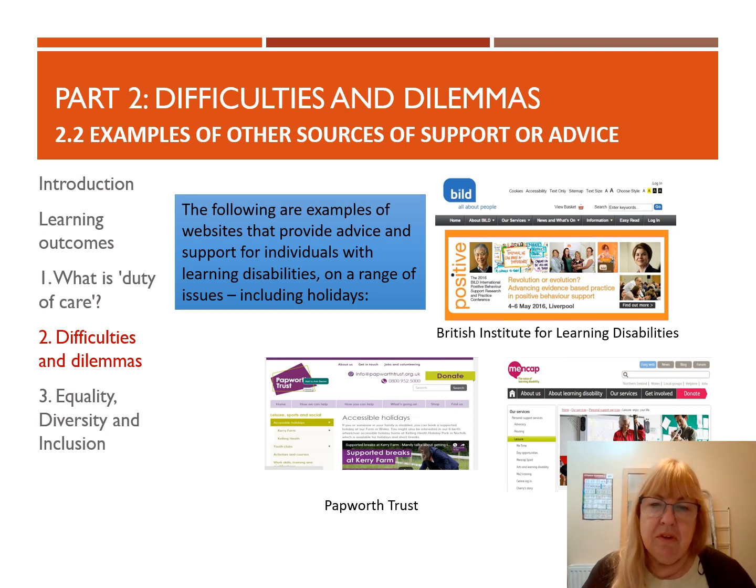Other support and advice you could go to: the British Institute for Learning Disabilities, they're great. They've got loads of ideas for helping to support people. Mencap has lots of support. They also have ways of helping people plan for holidays as well. So there's quite a lot of things to do.